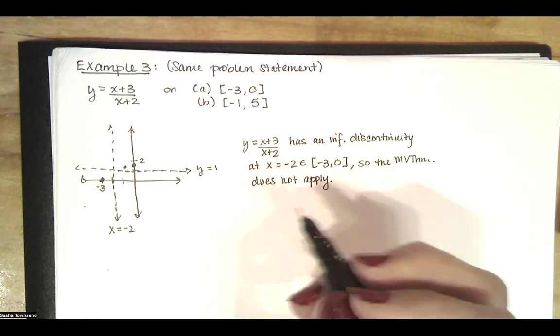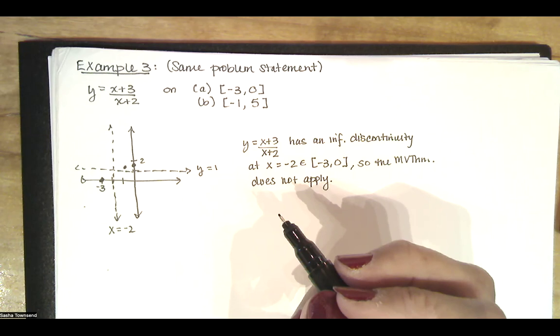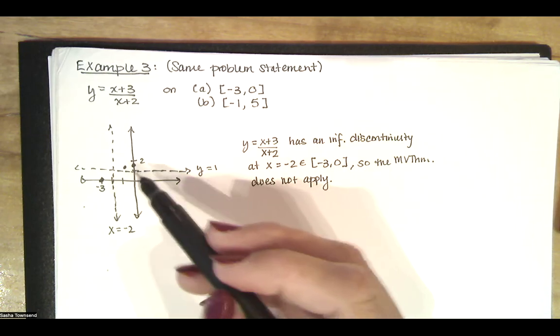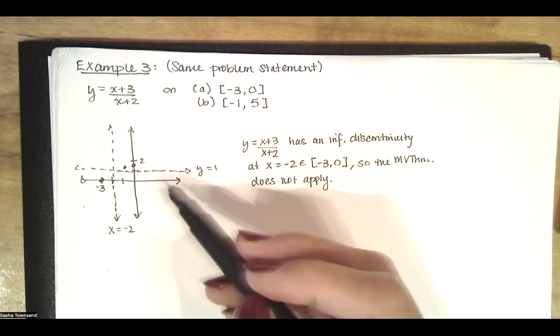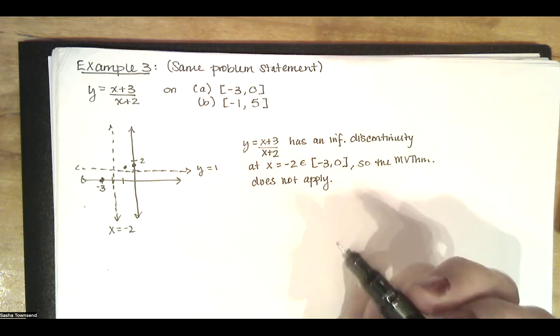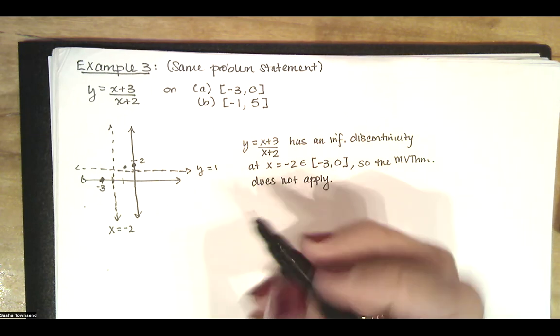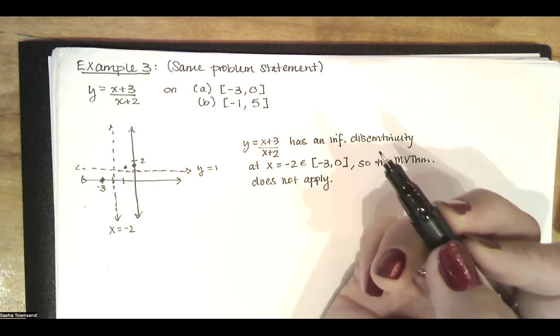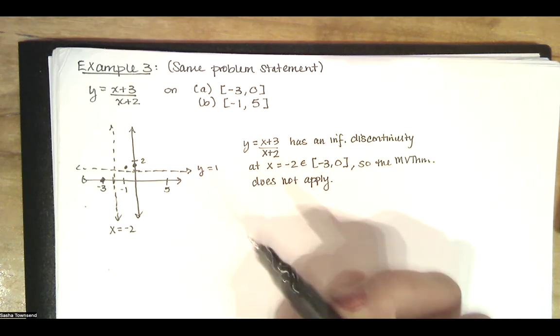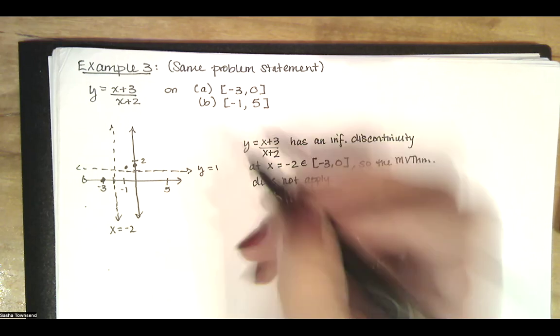So if I want to modify the problem so that the mean value theorem applies, I just pick an interval that excludes -2. So I can choose an interval where a and b are both greater than -2, or I can choose an interval where a and b are both less than -2, and either one is fine. So in part B, we have an interval where x starts at -1 and it goes to 5. So the mean value theorem will apply in the second interval.